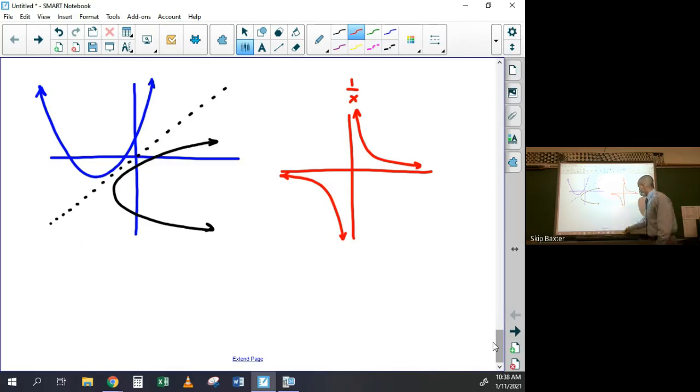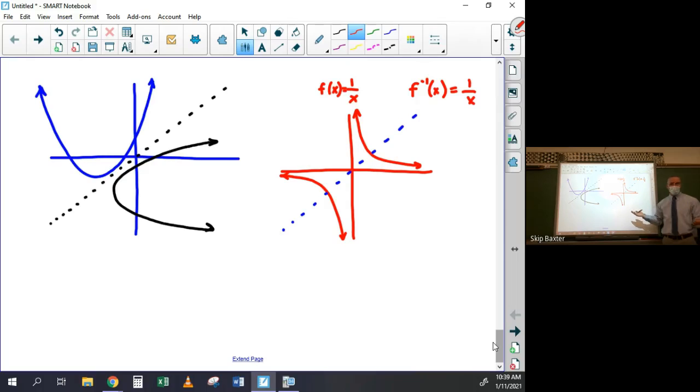If you draw the diagonal and reflect over that diagonal, you get itself. So if this is the original function, f of x equals 1 over x, then f inverse of x is also 1 over x. So it must be that that example that I made up is symmetric over the diagonal.